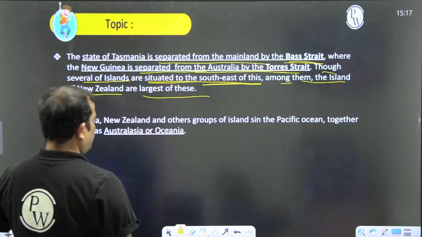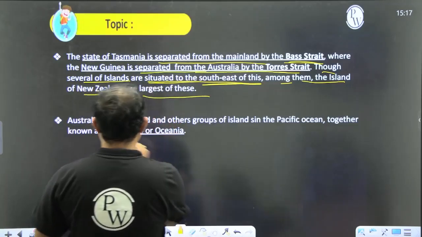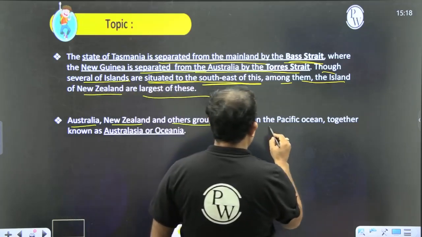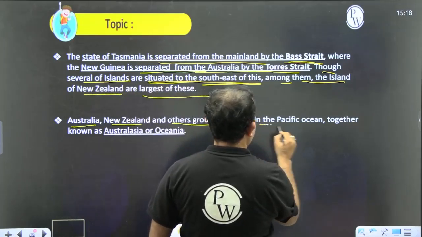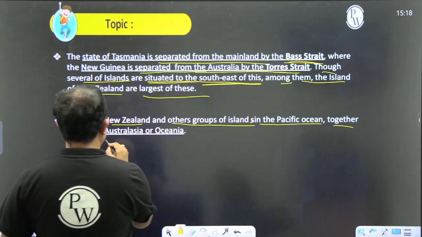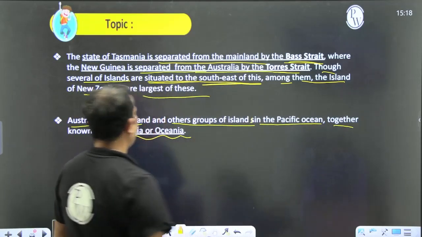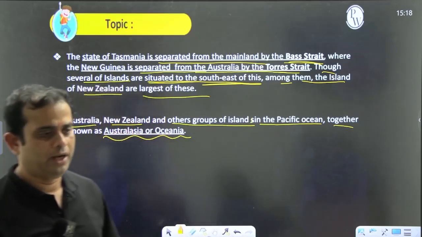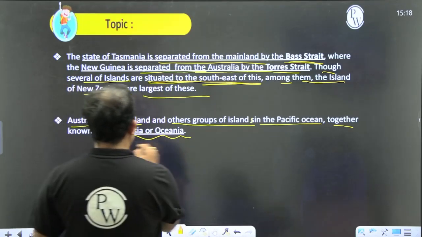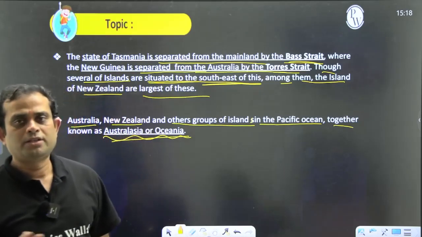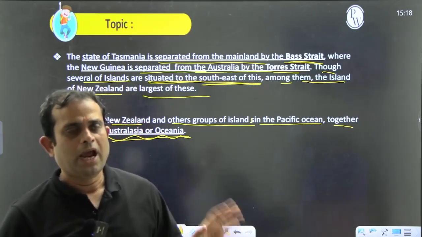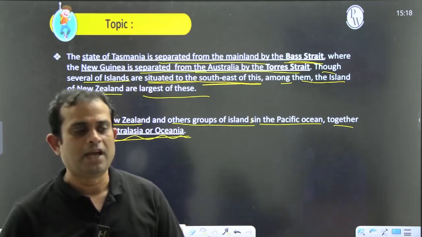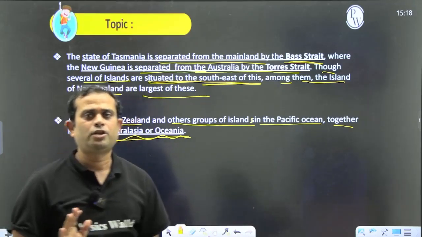Australia, New Zealand, and other groups of islands in the Pacific Ocean are together known as Australia or Oceania. Oceania is the major continent of Australia and includes New Zealand, Polynesia, Melanesia and Micronesia. Is it clear?